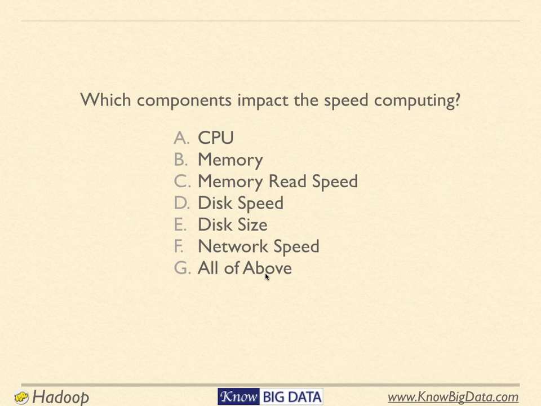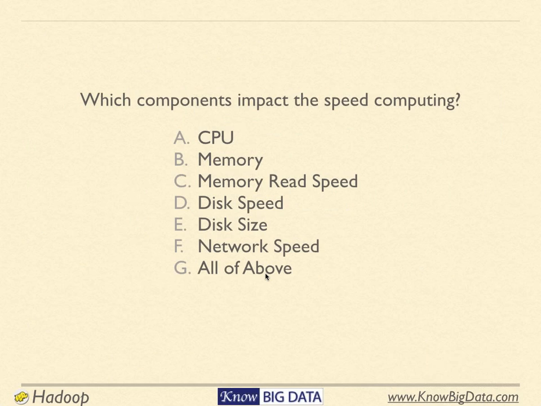What do you think when we say computing? What are the components that impact computing? Is it CPU? Is it memory? Is it memory's read speed? I mean, the B is memory size. Memory means RAM, or whatever you want to call it.